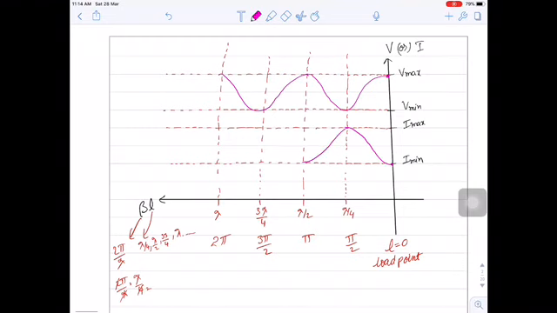From lambda by 2 to 3 lambda by 4, the current will be in an increasing fashion. From 3 lambda by 4 to lambda, the current again will be in a decreasing fashion. Using this graph, we can clearly say that as the voltage increases, current decreases. Wherever there is a voltage maximum, there exists a current minimum. Wherever there is a voltage minimum, there exists a current maximum on a transmission line.